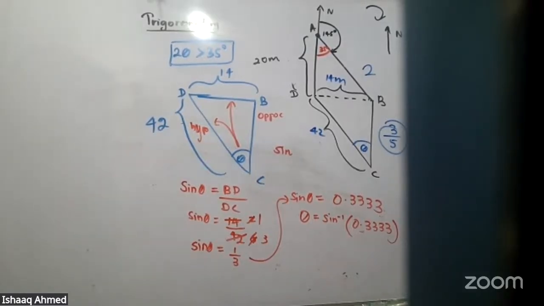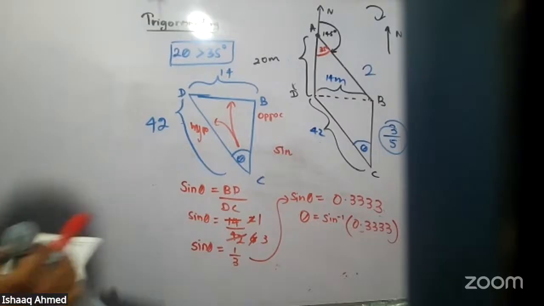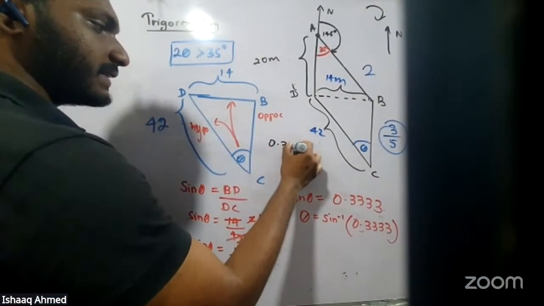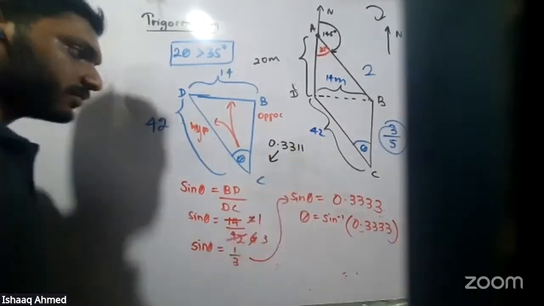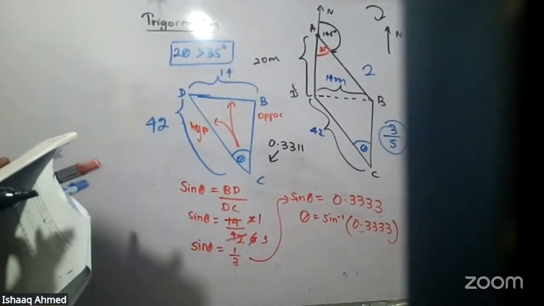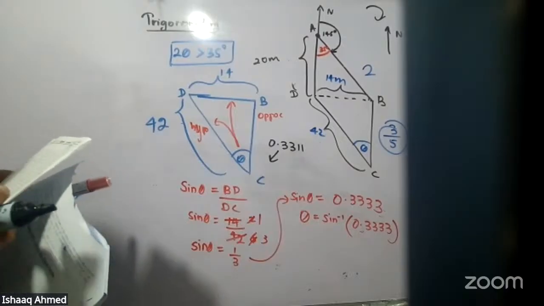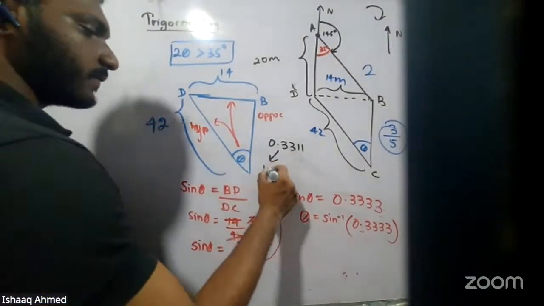So if you search in the sine table, 0.3333 is not there. 0.3311 is only there. Then see, 0.3311, what is that one's value? 0.3311 is 19 degrees 20 minutes.